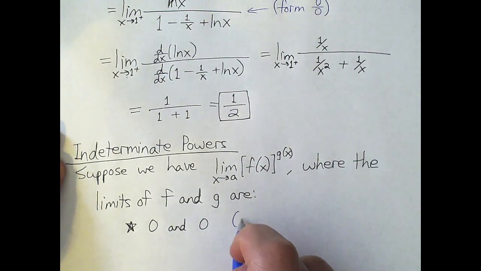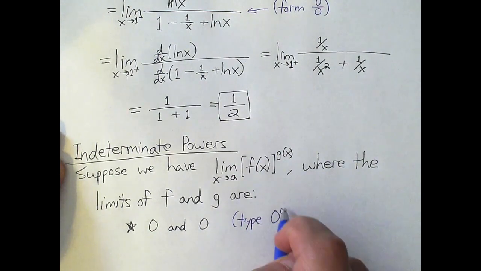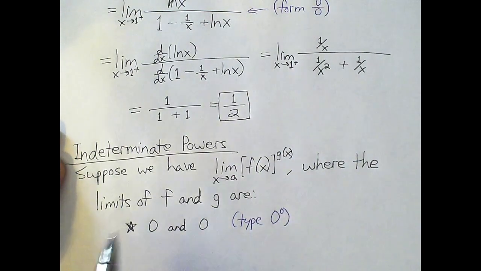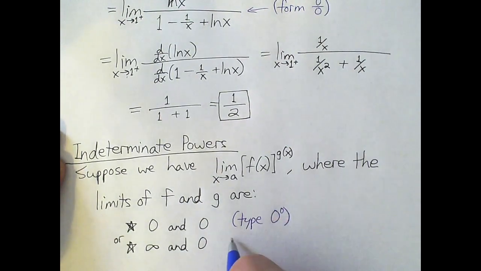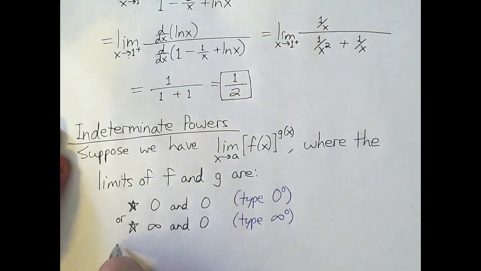This would be an indeterminate form of the type 0 raised to the 0. Or suppose they are infinity and 0. Then we call it an indeterminate form of the type infinity to the 0. Or one more.